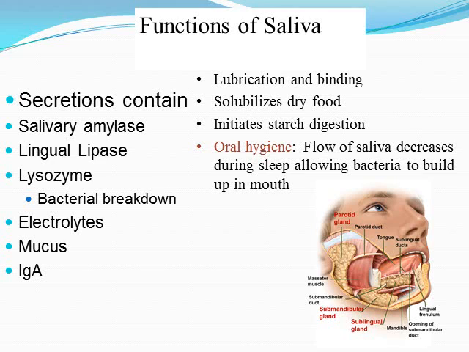And so we get production of IgA and lysozyme, which helps to break down bacteria, by the salivary glands. And when we have decreased saliva when we're sleeping, that can actually allow for the buildup of bacteria in the mouth. So one good reason to brush your teeth after you wake up in the morning.